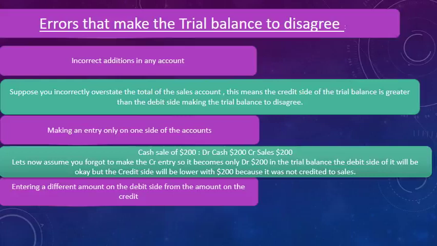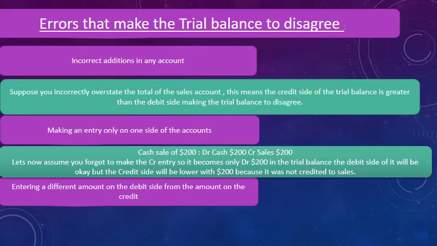However, let's forget about these correct entries. Let's now assume you forgot to make the credit entry, right? Remember, you should debit cash 200 and credit sales 200. But you have forgotten to make the credit entry, which means you have forgotten the sales entry. So it becomes only debit 200. That's what you have done, right? We are assuming that's what you have done.